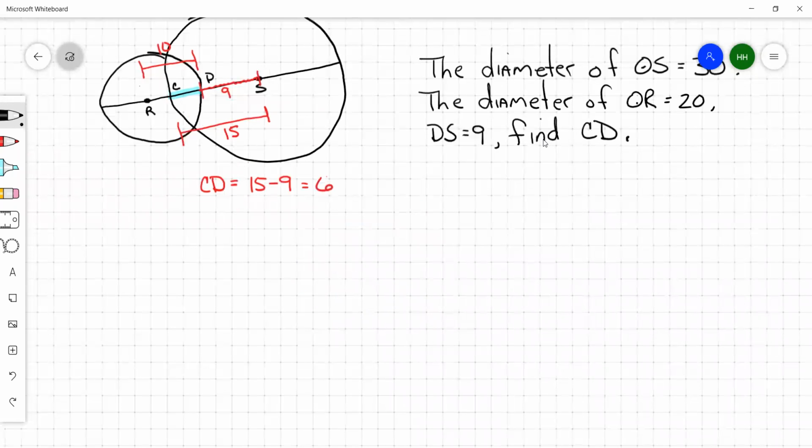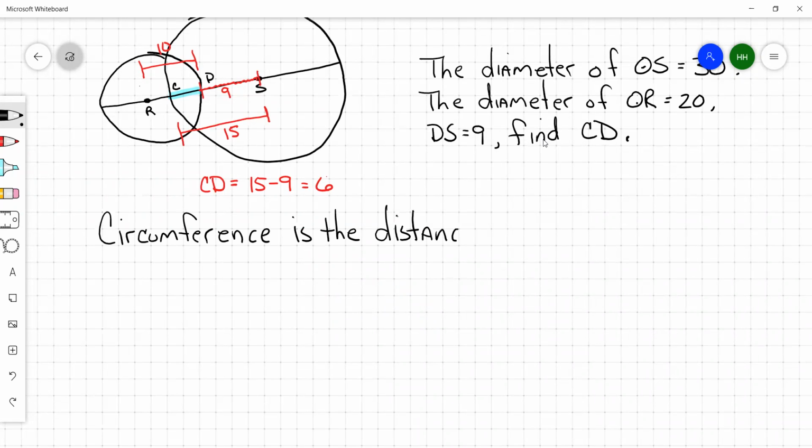All right, circumference of a circle. Circumference is the distance around a circle, and it has two formulas.